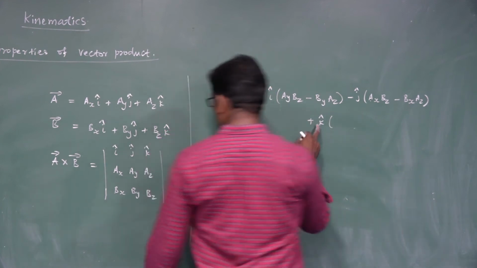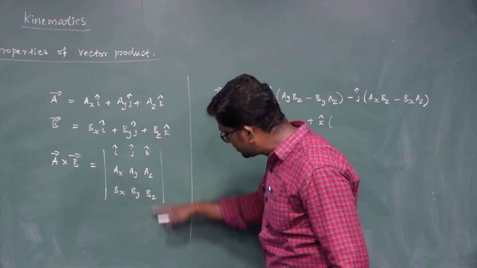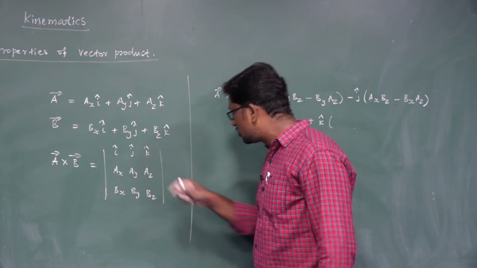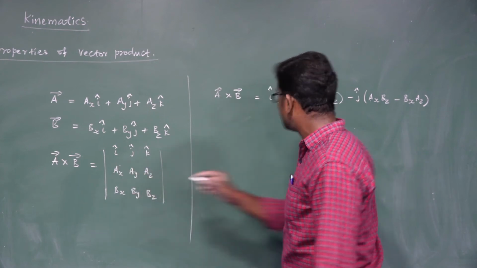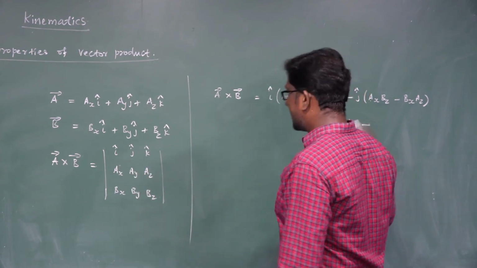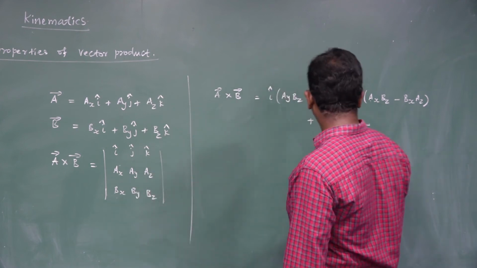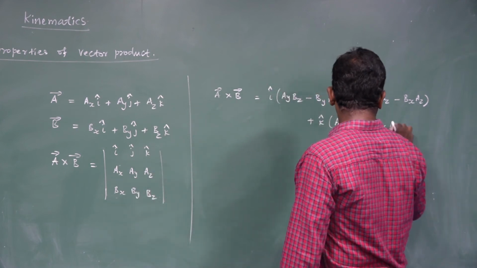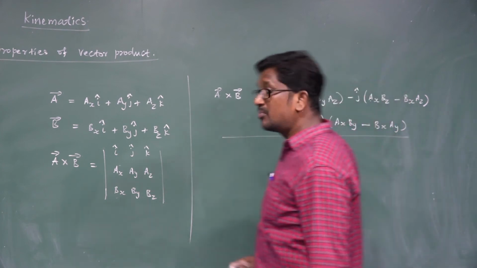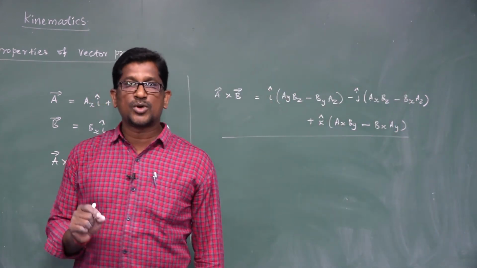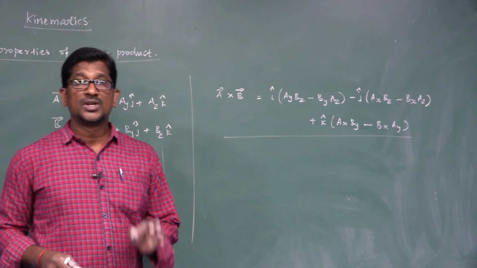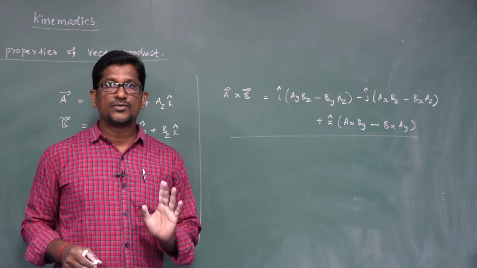Third positive, so plus k of, you omit this row and column. So next Ax into By minus Bx into Ay. So this is the component form of the cross product or vector product of two vectors.